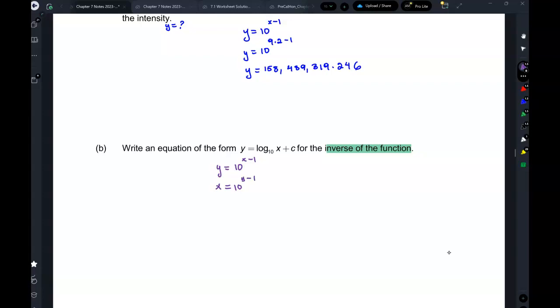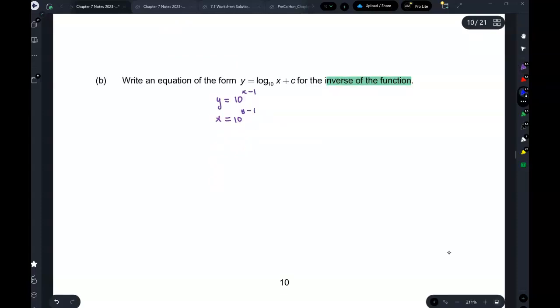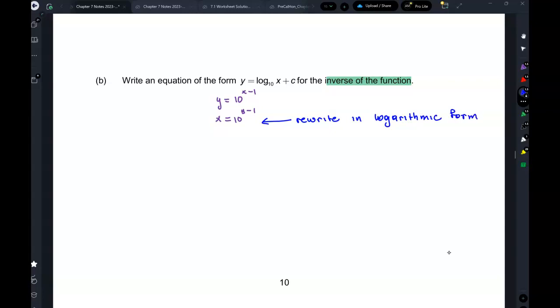All right? Now, all of a sudden, we have an exponential function. To solve any exponential functions, we have to rewrite in logarithmic form. Okay, what is the answer to a logarithm? Exponent.